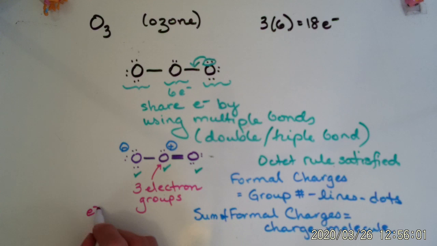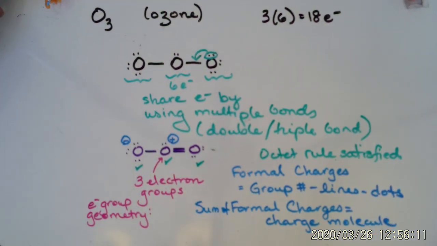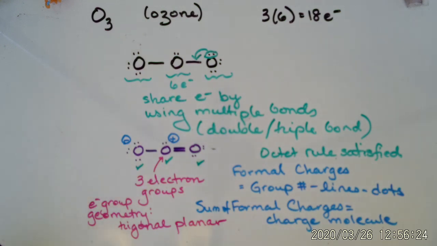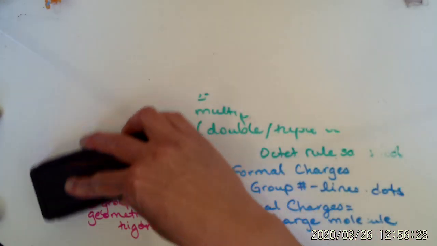The electron group geometry is going to be trigonal planar. Okay, so let me erase the board and redraw it, and then we can also talk about our molecular geometry.